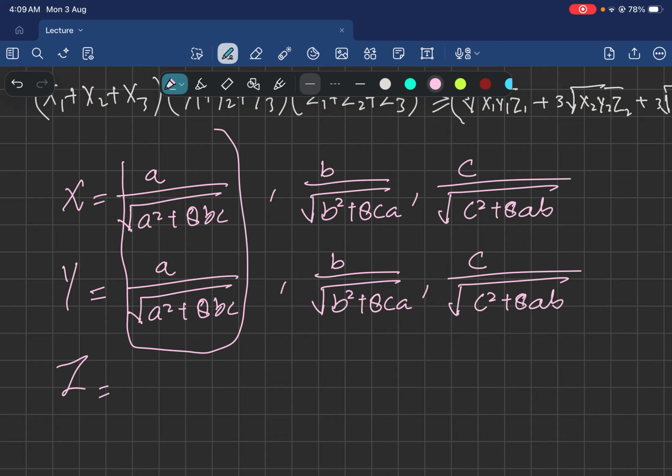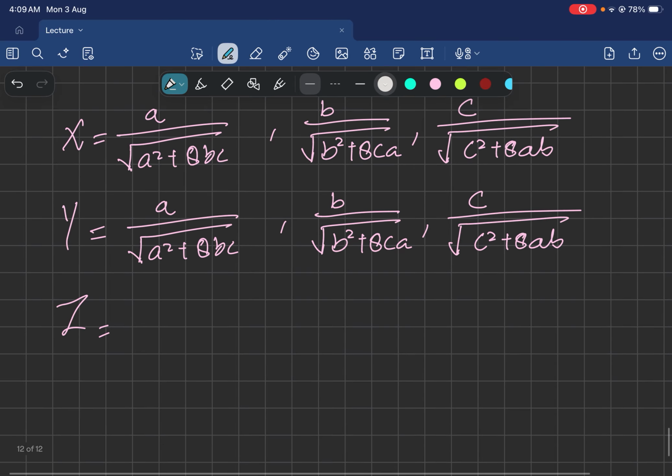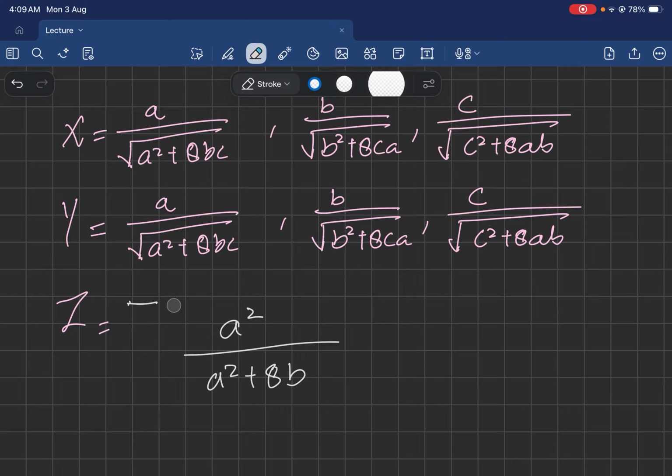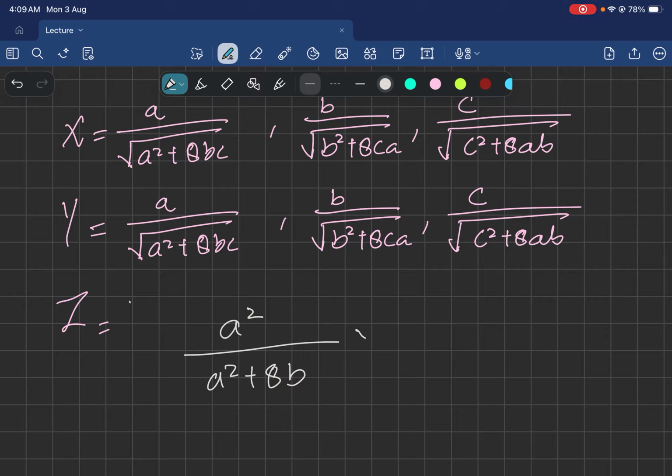If I multiply these two terms, we'll get something like a square plus 8bc, under this radical. We have to choose some term here that either cancels this out completely, or cancels out partially and we are left with something.